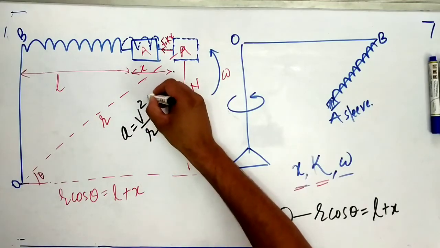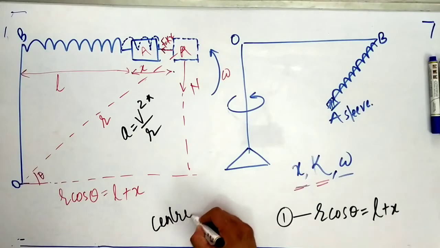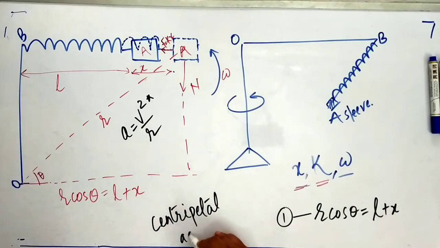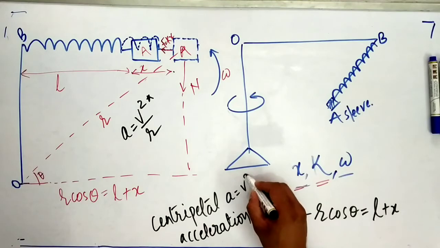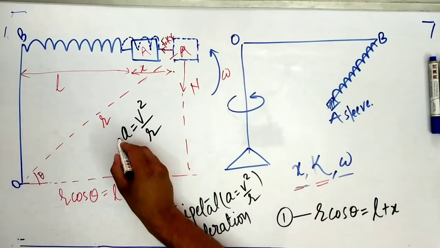This is the centripetal acceleration, equal to v square divided by r, directed this way.